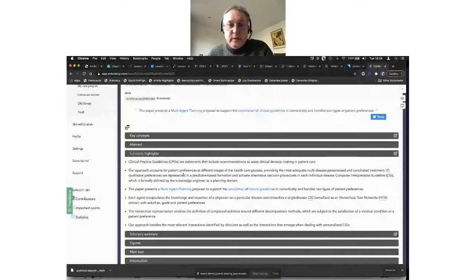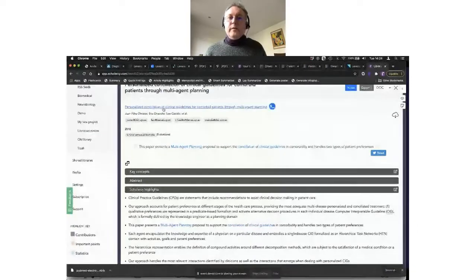They basically created a proposal to take clinical guidelines to handle 2 types of patient preferences when these patients have multiple clinical conditions. So what they've done is create this model in combination with these clinicians to make the clinical guideline more personalized to the patient.